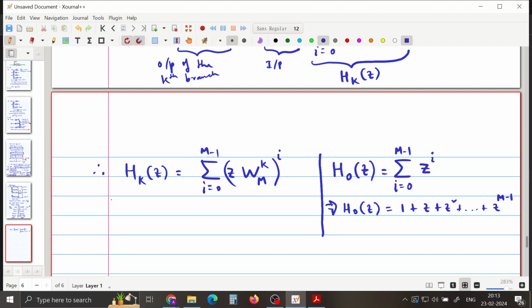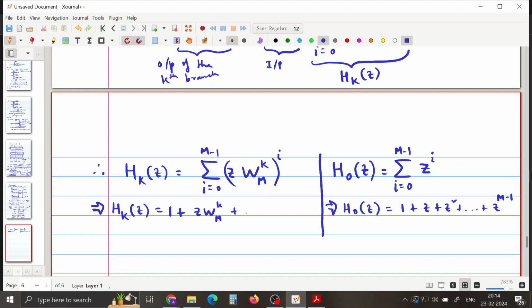And if you expand Hk of z on the left hand side, what do you get? This is nothing but 1 plus, for I equals 1, z times Wm to the power k.